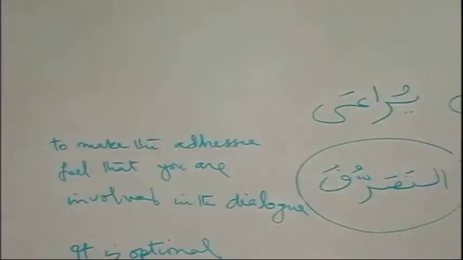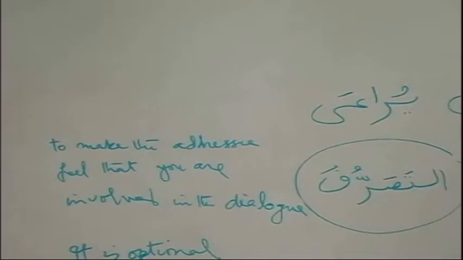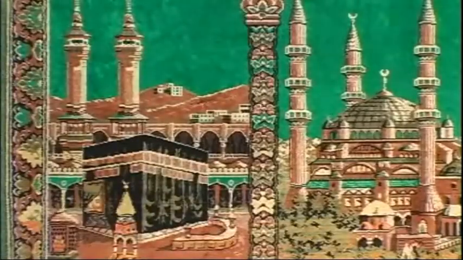Because zalikum and zalika both are used in the Quran. Okay? It's optional. But when it is used, it means you are giving little importance to the addressee, make him feel that you are involved in the dialogue. Are you with me, brothers and sisters? Or you can also write down one thing, brother.